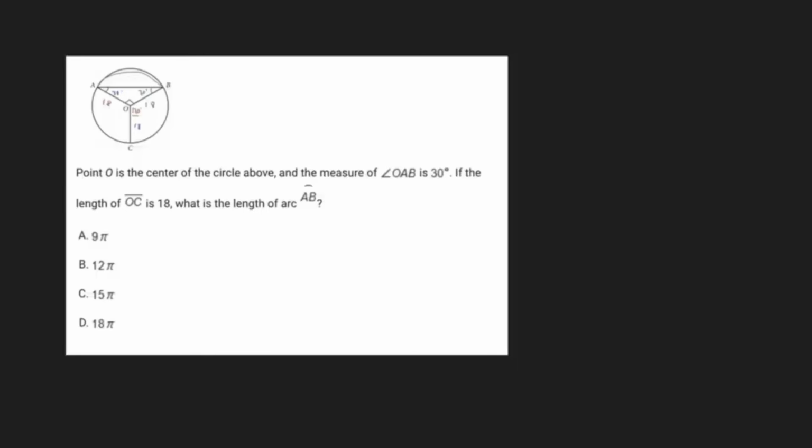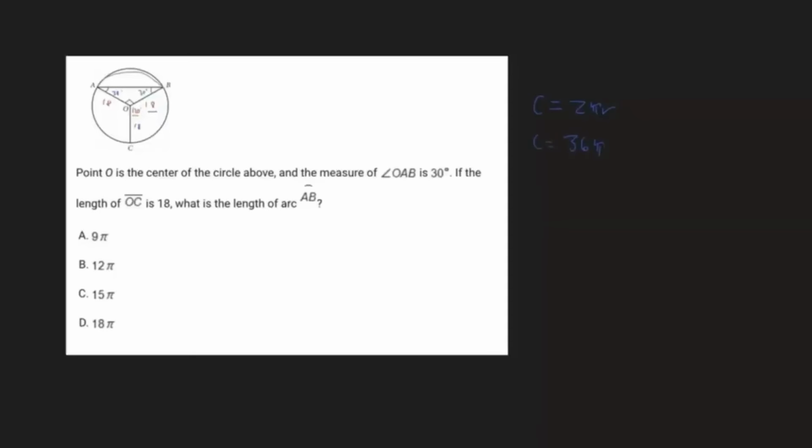So first off, let's just find the circumference of the circle. The circumference of a circle is equivalent to 2 pi times the radius. So the radius is equivalent to 18, right? So we can just do 2 times 18 is 36 pi. And so that is our circumference, all right?